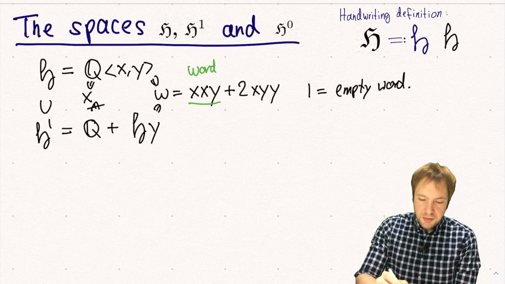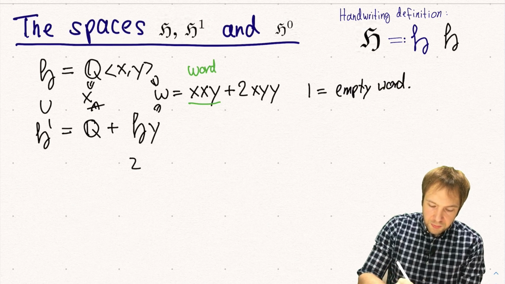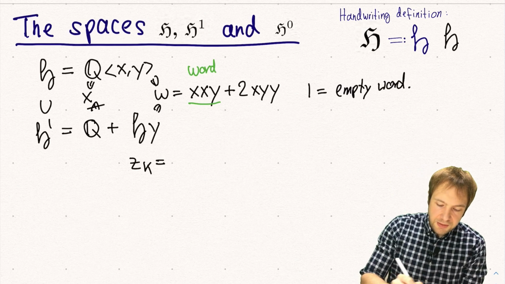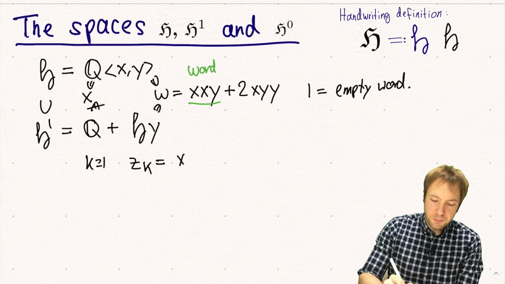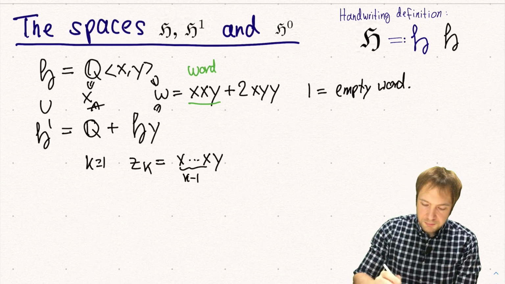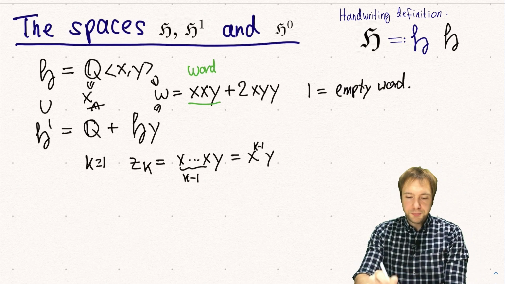And now we want to introduce the following notation. So we want to introduce zk, and by zk, for k greater or equal to 1, we mean the monomial, so the word which has k minus 1 x's at the beginning, and then ends with some y. So this is x to the k minus 1 y.